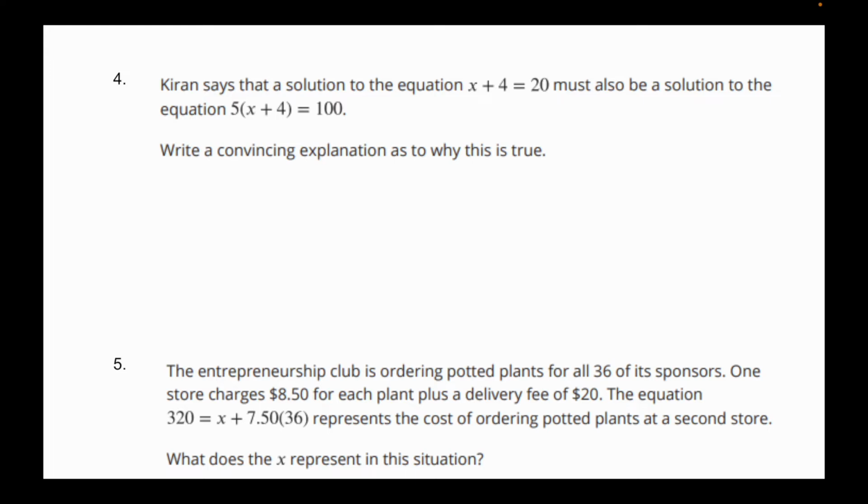Okay, I'm going to be a little bit long-winded with this. The simple answer is that these two are equivalent equations because they multiplied the first equation by 5 on both sides. I am going to say something a little bit more long-winded.